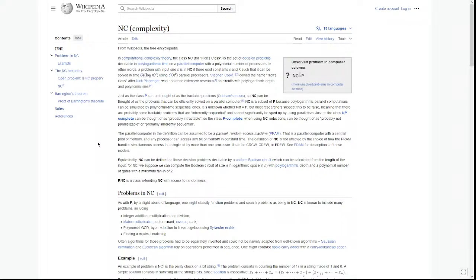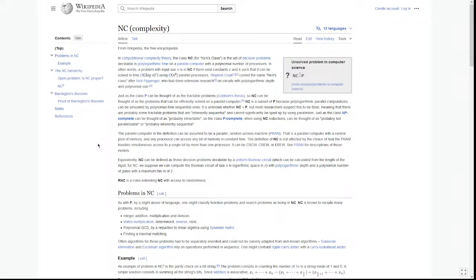Just as the class P can be thought of as the tractable problems, Cobham's thesis, so NC can be thought of as the problems that can be efficiently solved on a parallel computer. NC is a subset of P because polylogarithmic parallel computations can be simulated by polynomial-time sequential ones. But most researchers suspect this to be false, meaning there are probably some tractable problems that are inherently sequential and cannot be significantly sped up by using parallelism.